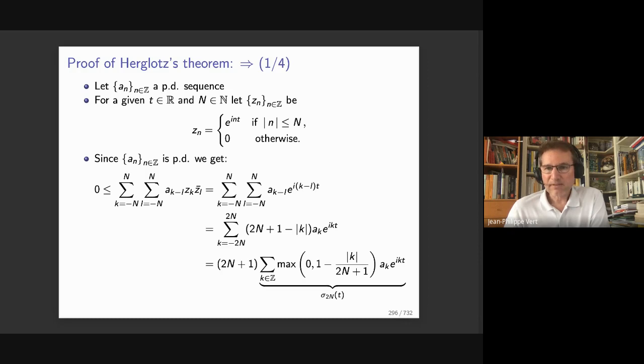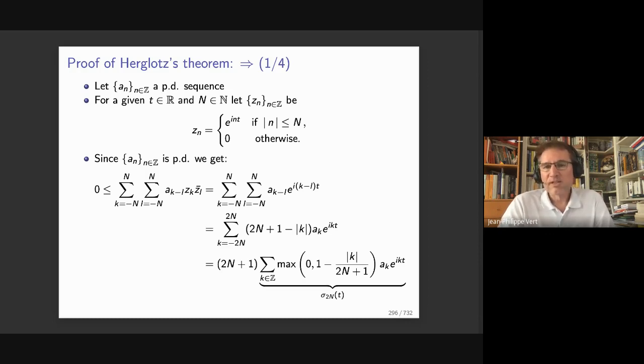But after the max, there is ak times exponential ikt. So basically, if there was not a max term, sigma 2n of t would be just the sum of ak exponential ikt. And this is what I said before is the perfect measure we want to recover, because this is intuitively the measure such that its Fourier coefficients are the ak's.